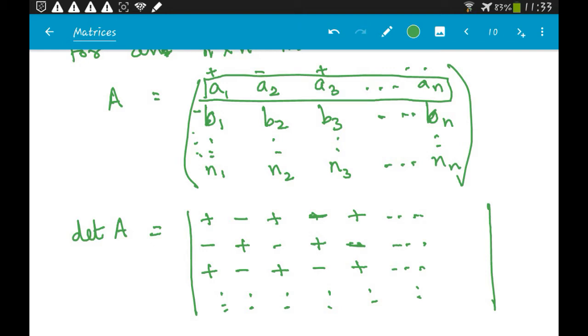So for example, now you choose this first row. Now if you look at this first element, you have plus of A1 into the rest. So you leave the row and column corresponding to it, and then find the determinant of the rest of the square matrix that comes out of it. So you have plus A1, and then the determinant of the square matrix of this part.